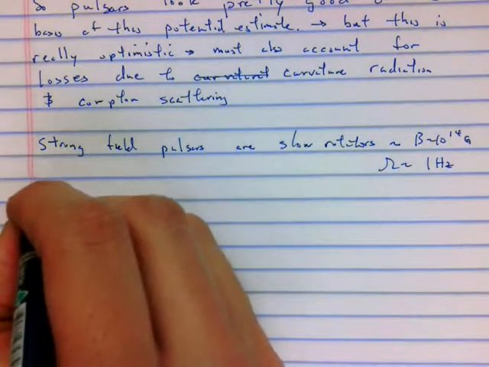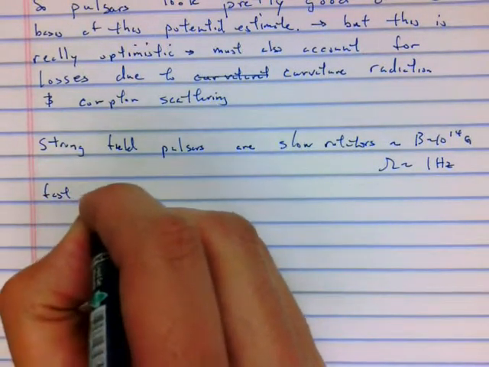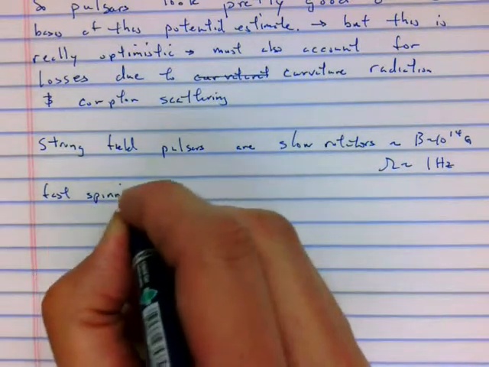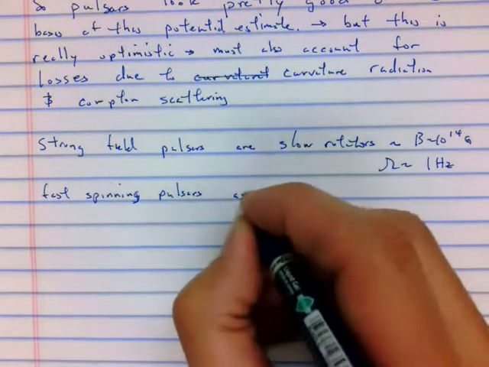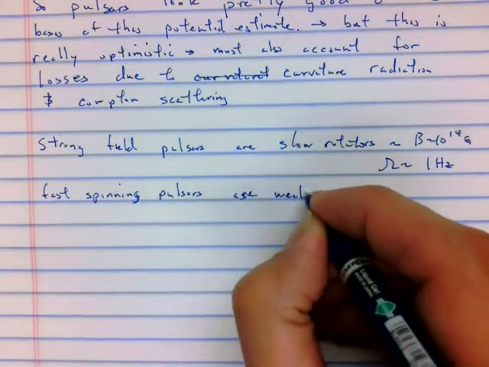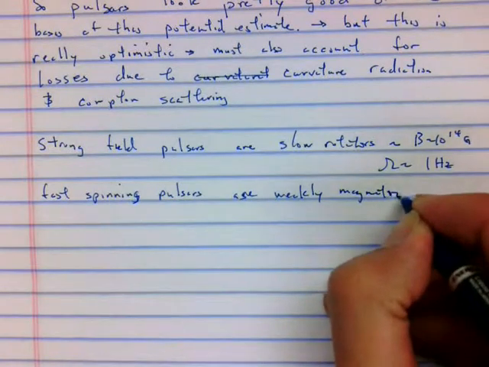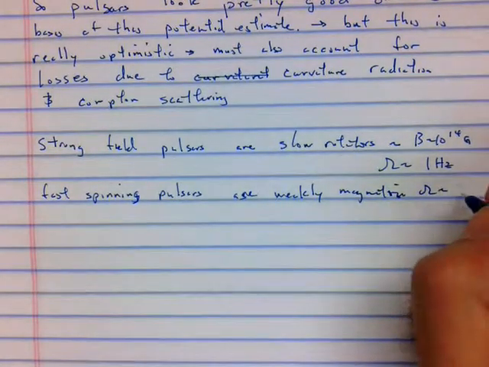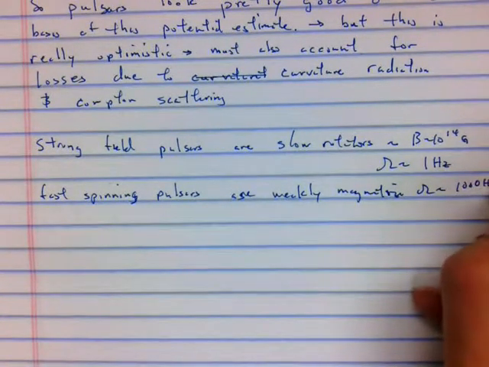And fast-spinning pulsars are weakly magnetized. Omega is typically maybe 1,000 hertz. Yeah, some of these guys are pretty fast.